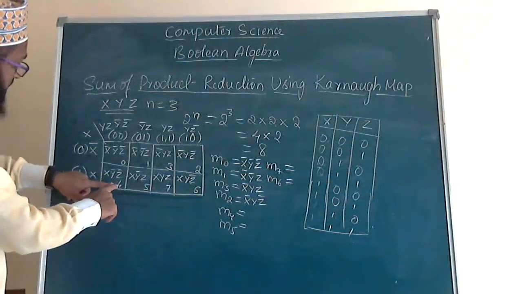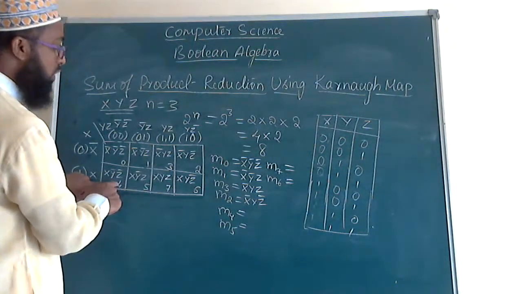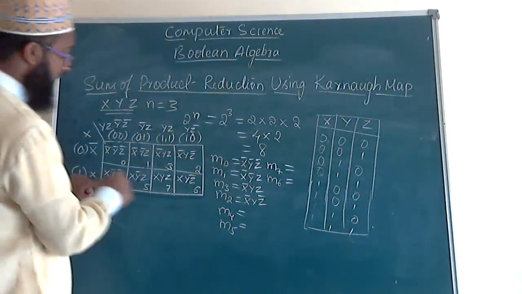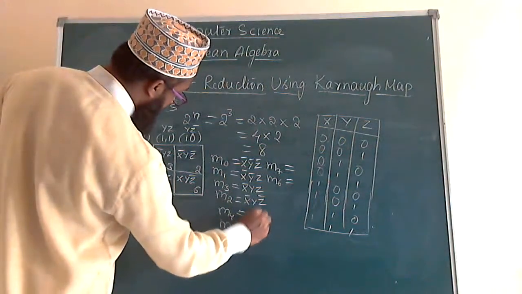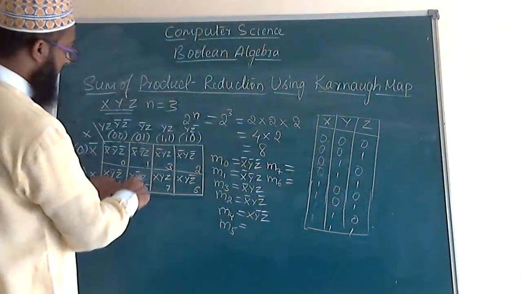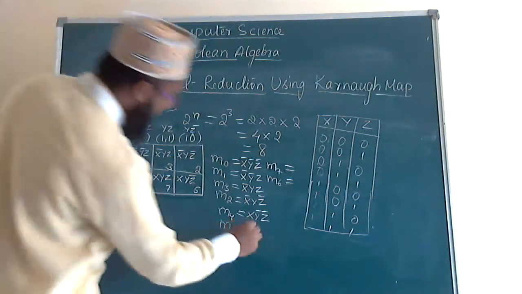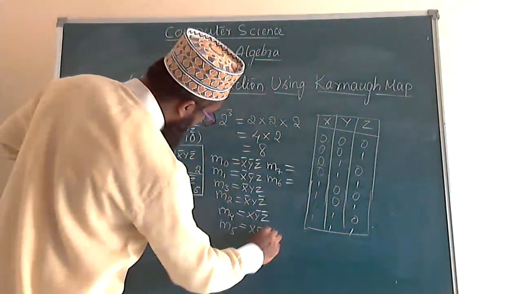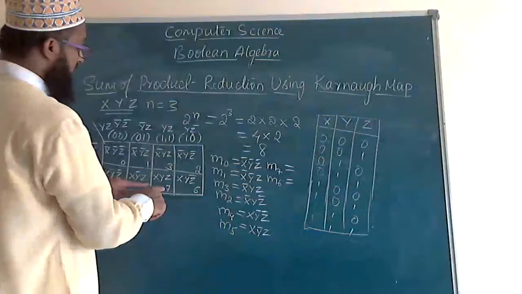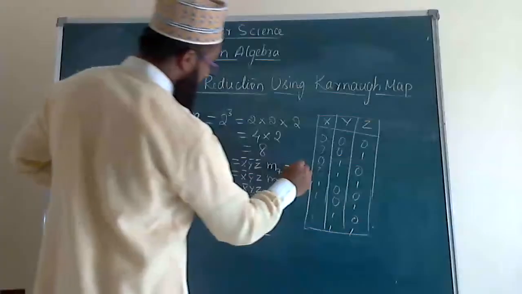Then for this square, for m4 we have to take the min term of number 4 square: x, y bar, z bar. Here m5 is there, we have to take the min term from number 5 square: x, y bar, z. Then m7 is there, for m7 we have to take the min term from number 7 square: x, y, z.